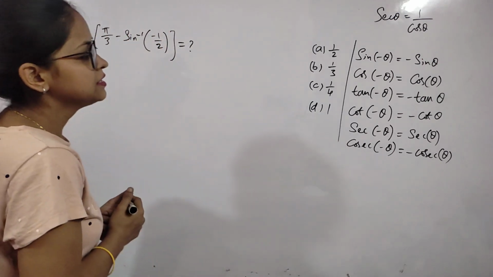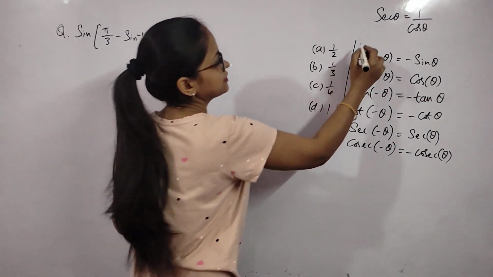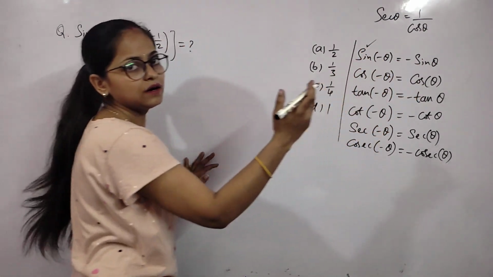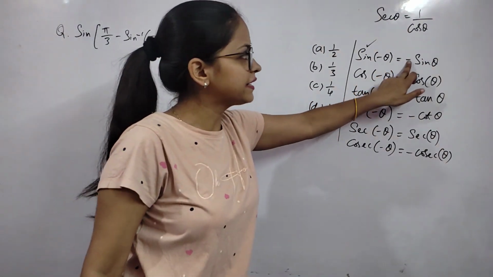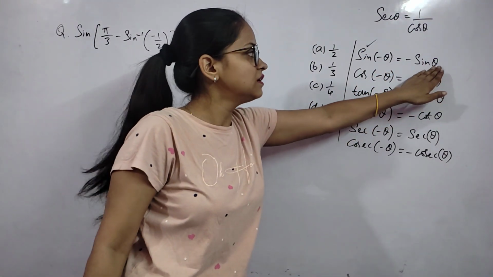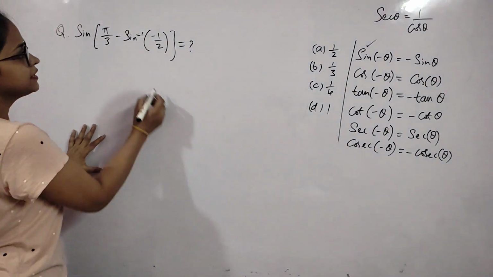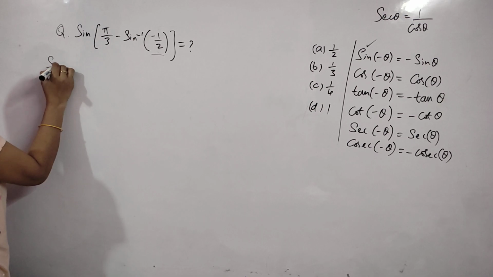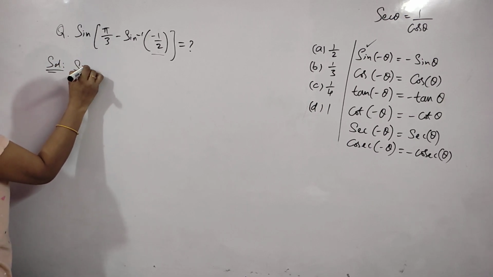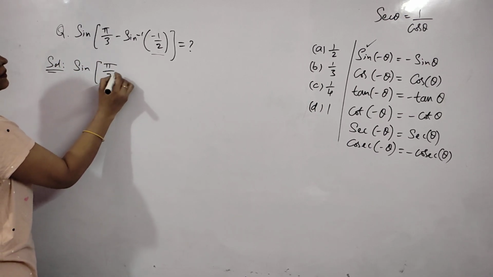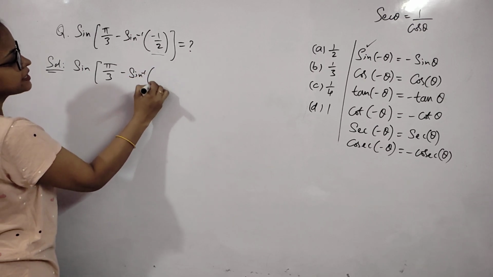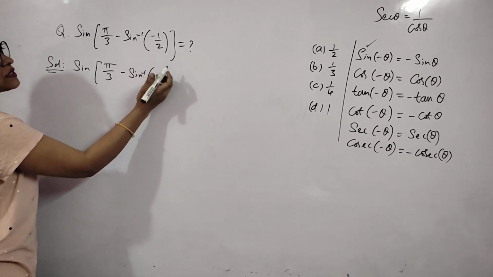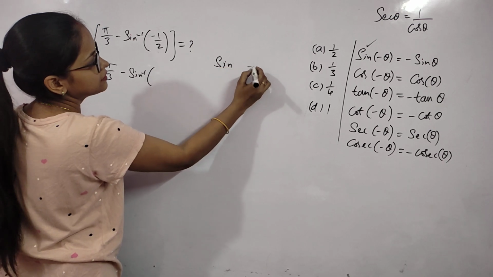Now we have sine of minus theta, so the minus will come outside the angle. Solution: sine of pi by 3 minus sine inverse of minus sine 1 by 2.